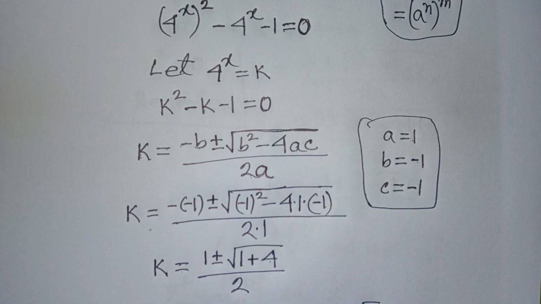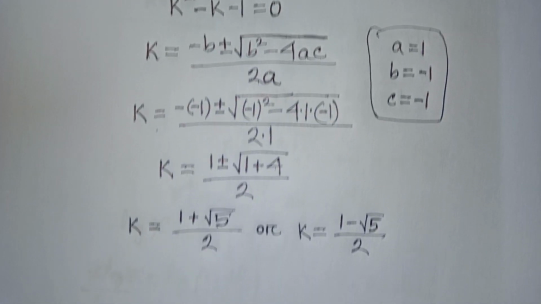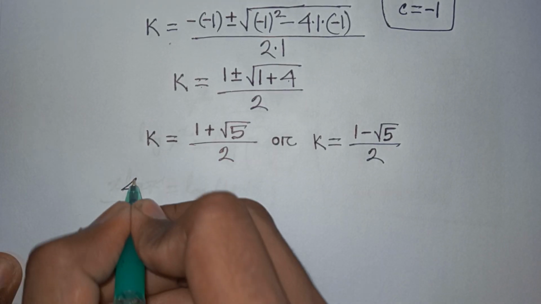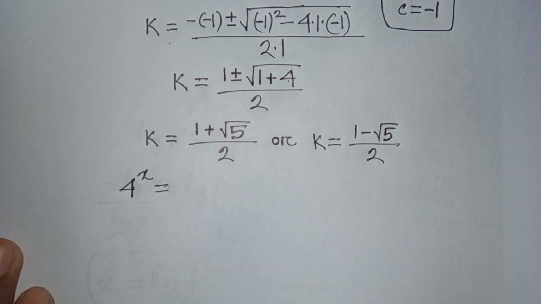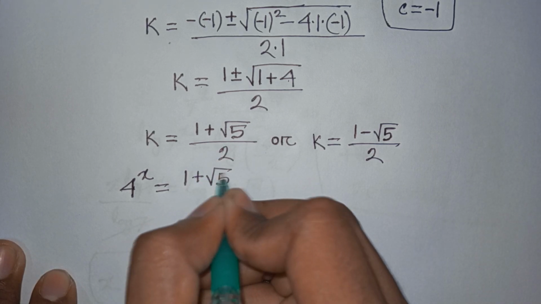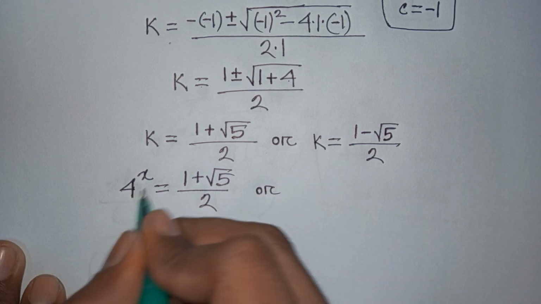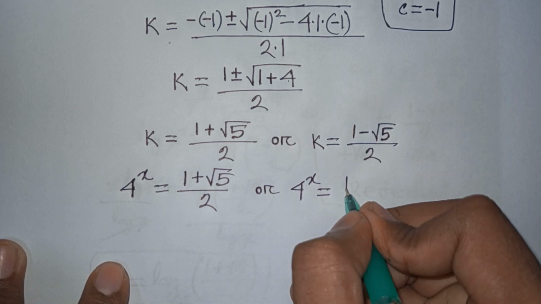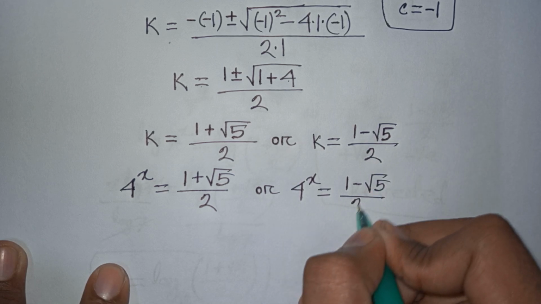Now remember that k means 4 power x. So 4 power x is equal to 1 plus a square root of 5 over 2, or 4 power x is equal to 1 minus a square root of 5 over 2.